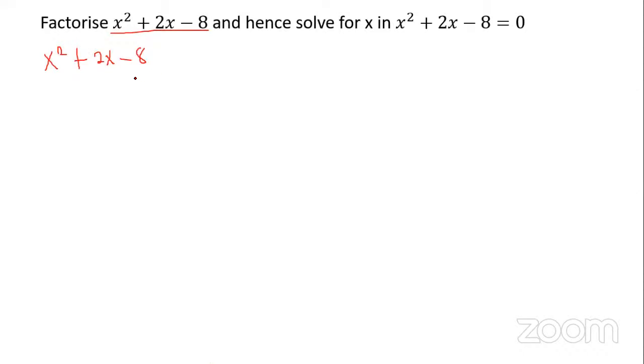So what shall be those factors of 8 that we can add to give us 2?